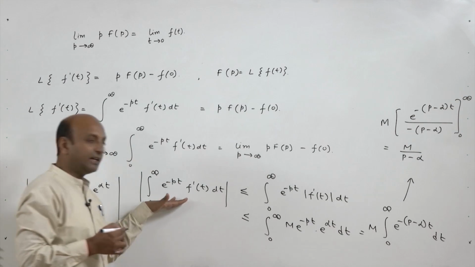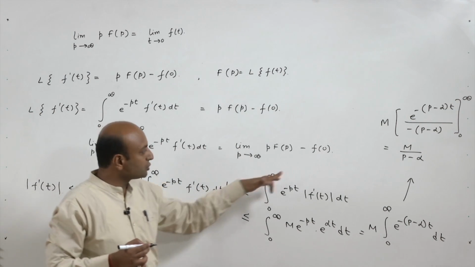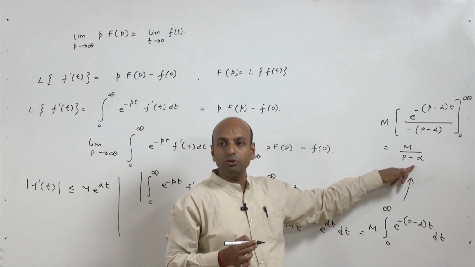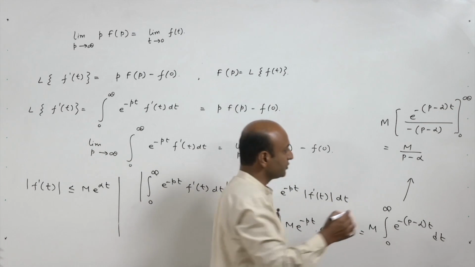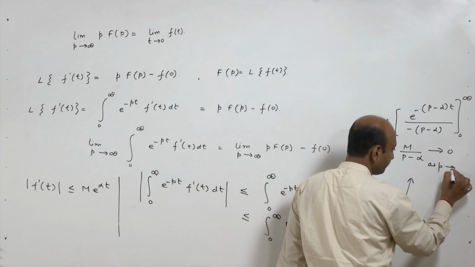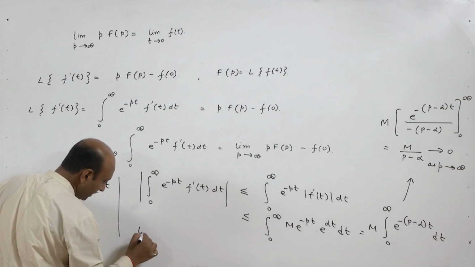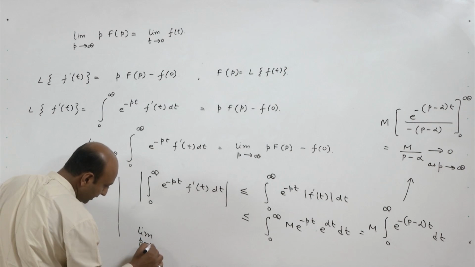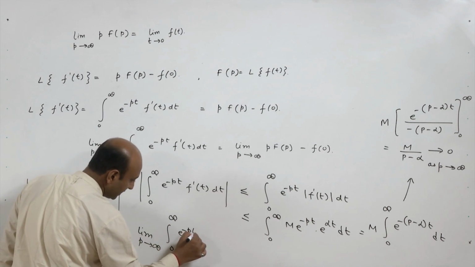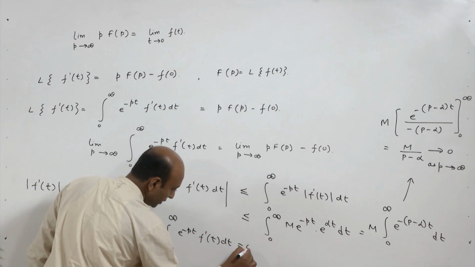And when p tends to infinity, this will definitely tend to 0. So, hence the limit as p tends to infinity of the integral from 0 to infinity of e to the power minus pt f'(t) dt is equal to 0.